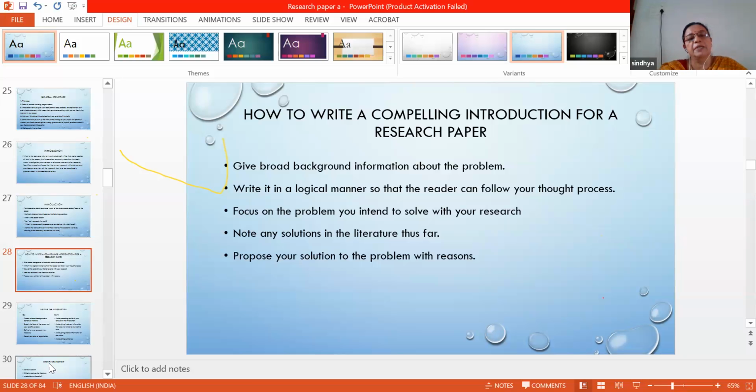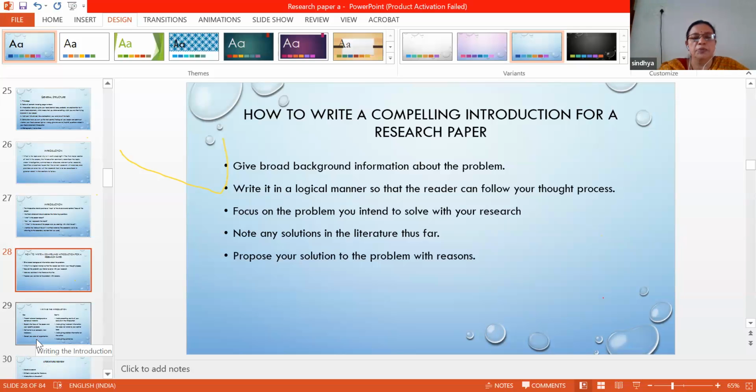And all these can be done in the introductory part, because based on the review, we can substantiate the need for our research. And again, what is the research gap established through the various researches. So our attempt is to fill the gap. So that is to be established as the relevance of the research paper.